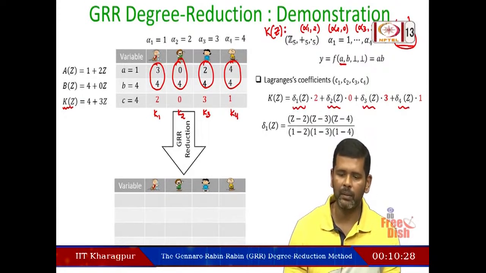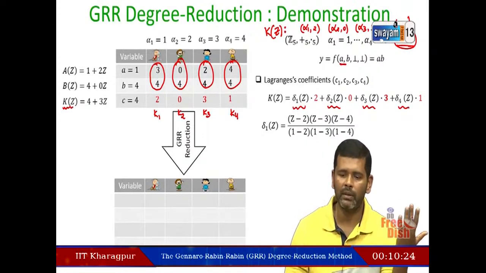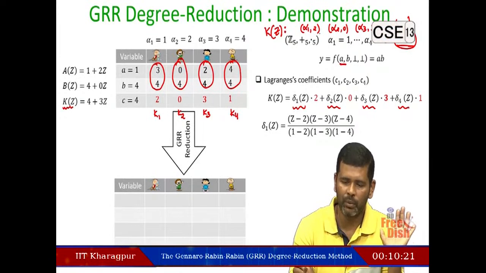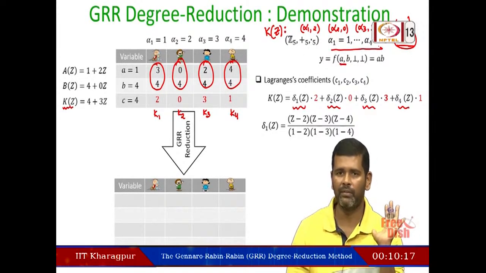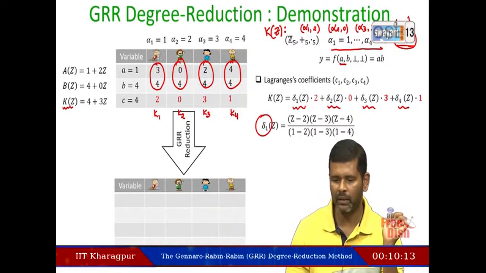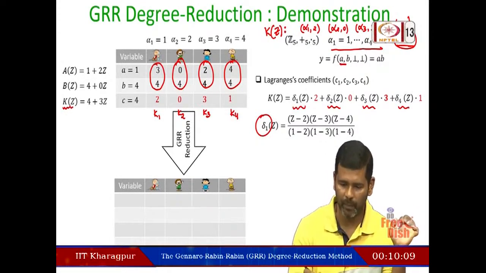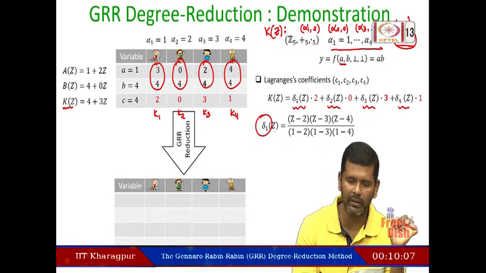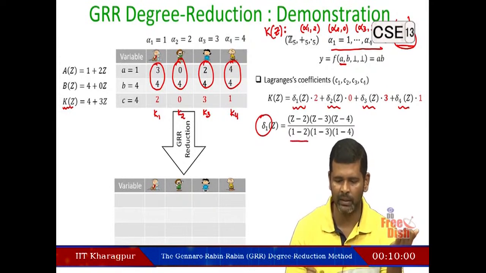The delta 1 polynomial will be a degree 3 polynomial, where in the numerator you have all the alphas except alpha 1 as the roots. Alpha 1, alpha 2, alpha 3, alpha 4 in this setting we have set to 1, 2, 3, 4. To ensure that the delta 1 polynomial evaluated at alpha 1 survives and gives the value 1, we have set the denominator like this.